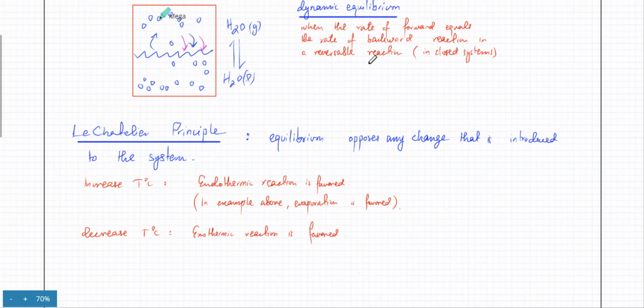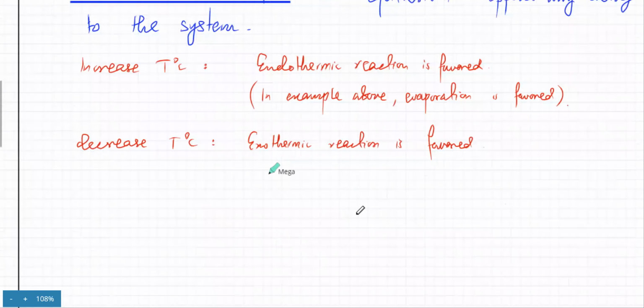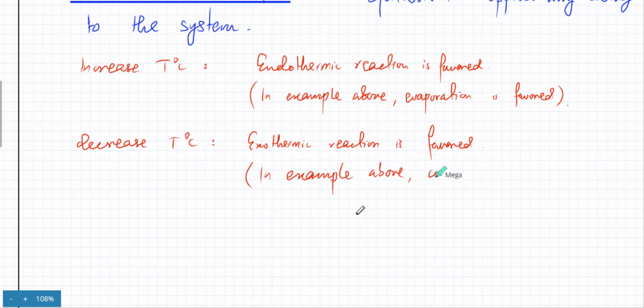Next second, 6 more molecules condense, and just 3 molecules evaporate. Eventually the number of gaseous vapors would decrease. So the exothermic reaction is favored, and in the above example, condensation would be favored.